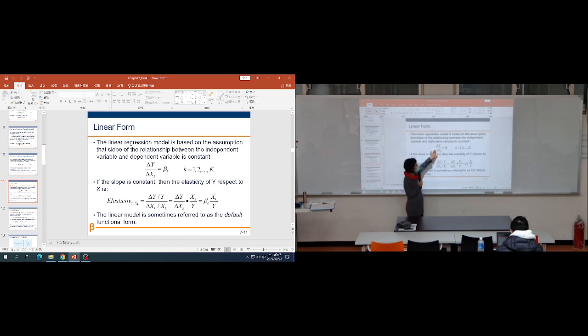First of all, if it is linear, I never talked before about something like this. It is calculus, the derivative of the regression function. Let me write it down.